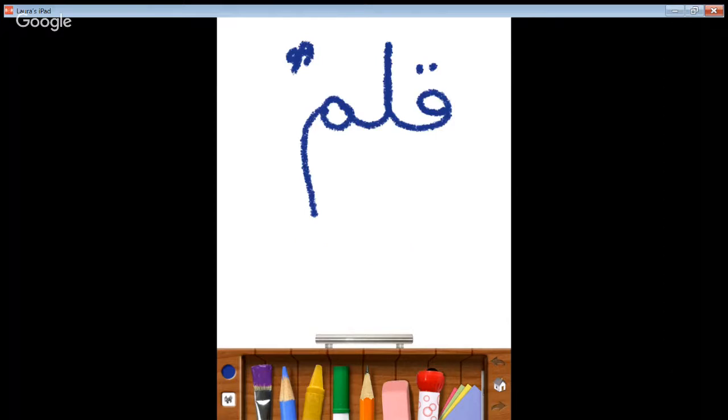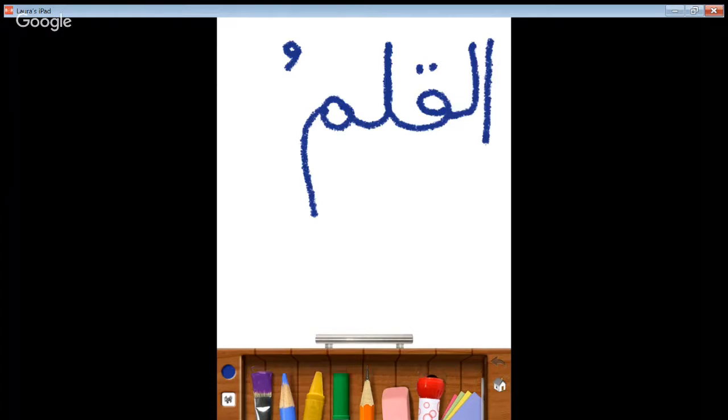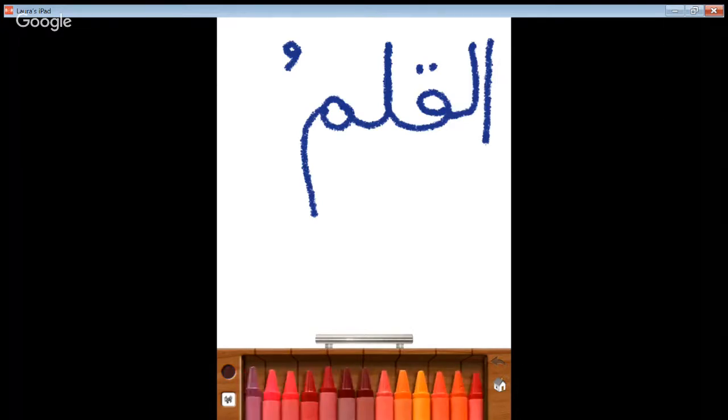Now, if we want to say the pen, the way we say the in Arabic is alif lam. So we add an alif lam to the beginning of the word, and we add just one vowel marker to the end of the word. I don't like blue crayons. I'm going to change my color.